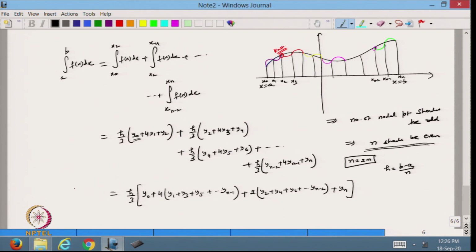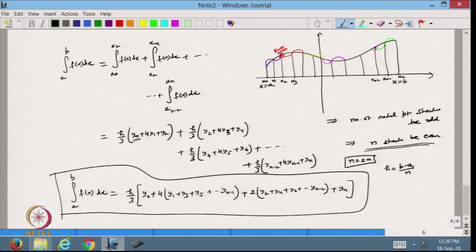So this is the integration of the function. This is the Simpson one-third composite rule for the given function.